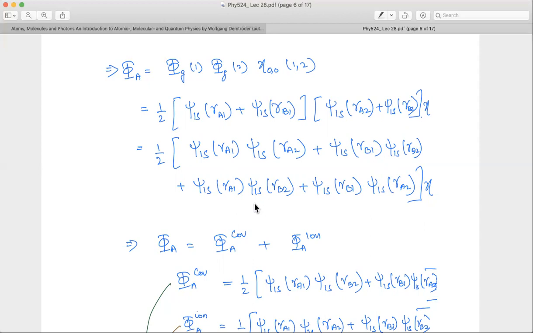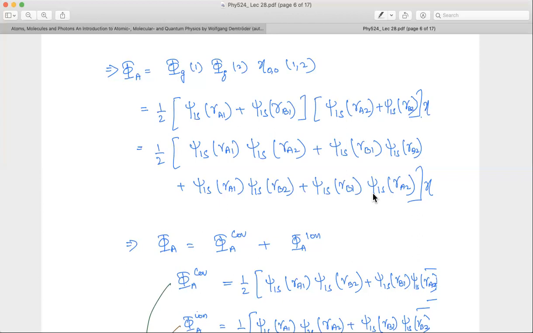In the other two terms, you get a different character, where one electron is attached to nucleus A and the second electron is attached to nucleus B, and the same for the last term. So the first two terms are different in character from the second two terms.